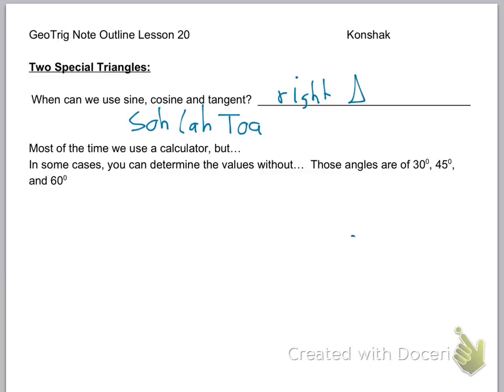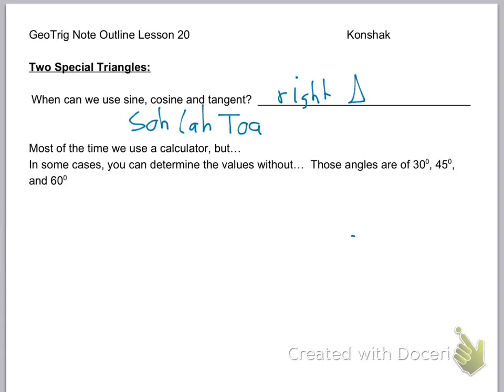And it says out here that most of the time, you guys have probably used your calculator anytime a sine, cosine, or tangent problem came up. Most of the time you do. But there are some cases, and we're going to force those cases upon you, where you can determine the values of those sines, cosines, and tangents without it. Those angles are 30 degrees, 45 degrees, and 60 degrees.